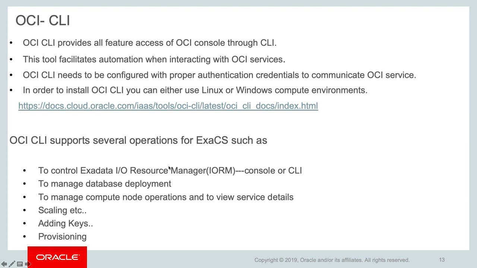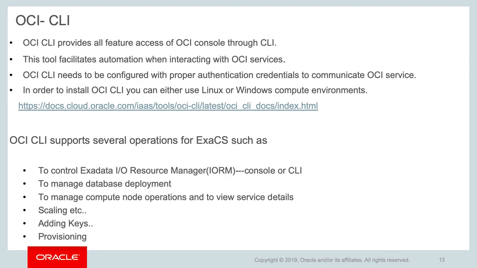When it comes to operations supported by the OCI CLI, there are several, like controlling Exadata and IO Resource Manager. You can use either the console or the CLI options. You can manage database deployments, meaning you can launch a database system and start and stop databases using the command line.